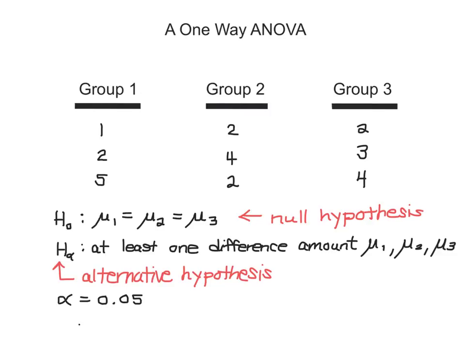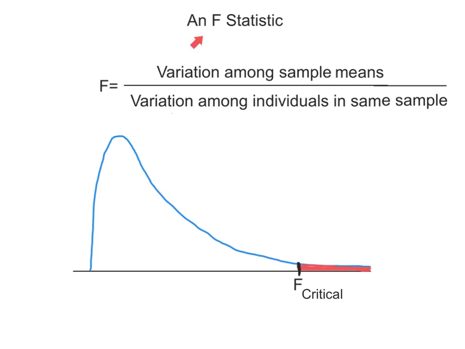Now our next step is that we're going to need to find our F critical value for an alpha of 5%, based on the degrees of freedom of these 3 samples. Here we have an F statistic.